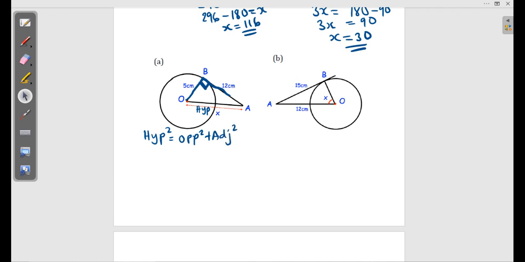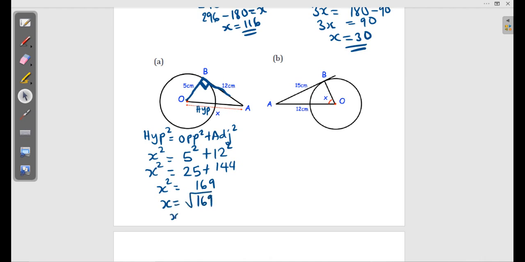So that means I'll have x squared equals 5 squared plus 12 squared, which means x squared equals 25 plus 144. x squared equals 169. x is the square root of 169 and x is 13 centimeters.